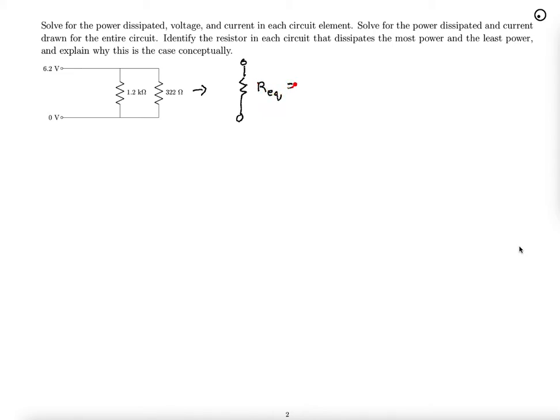The equivalent resistor in this case is 1 over R1 plus 1 over R2, and take the inverse of that entire quantity. For clarity, we'll call this one R1, and the second one farther out, the 322 ohm, R2.